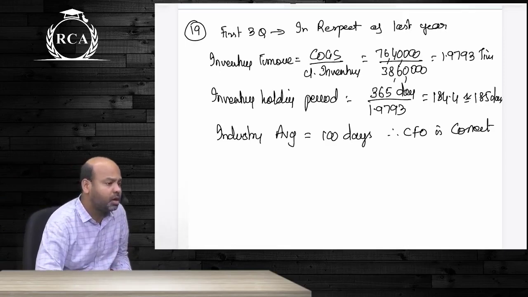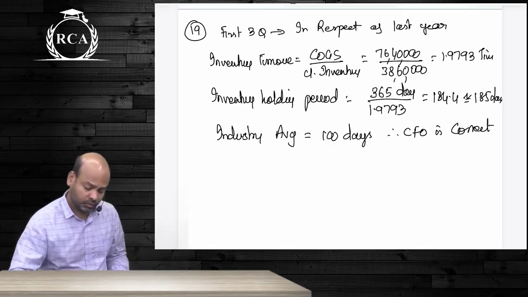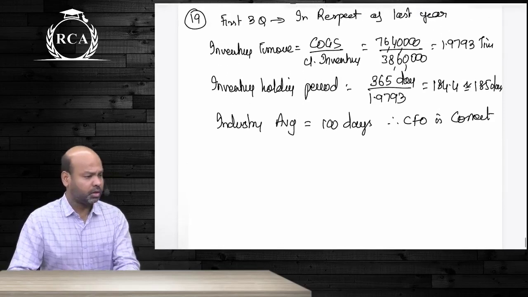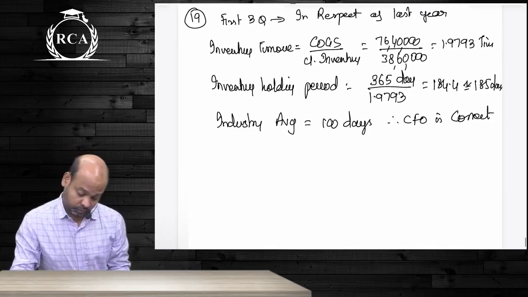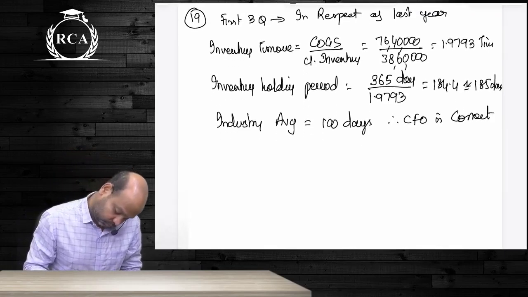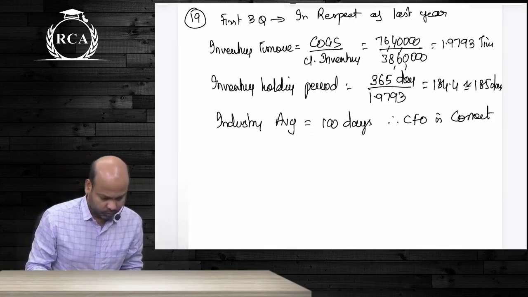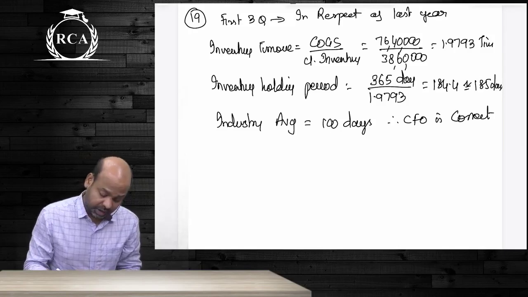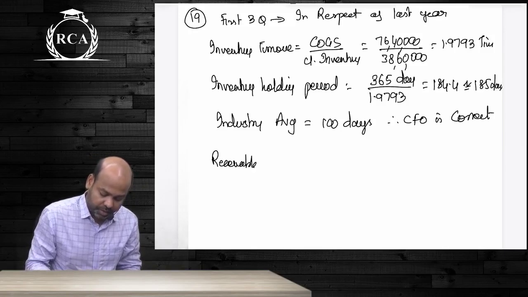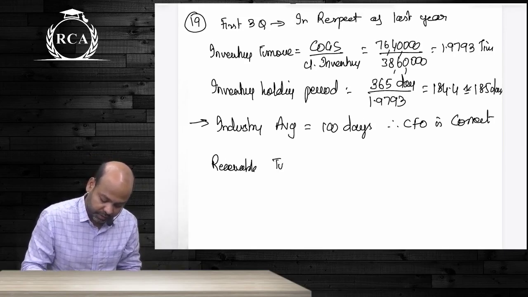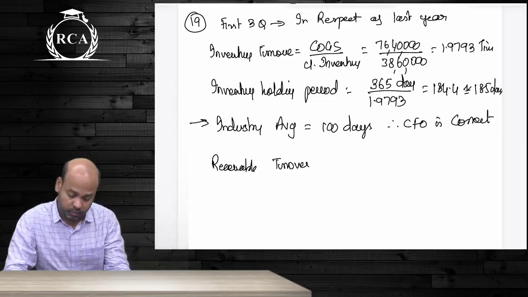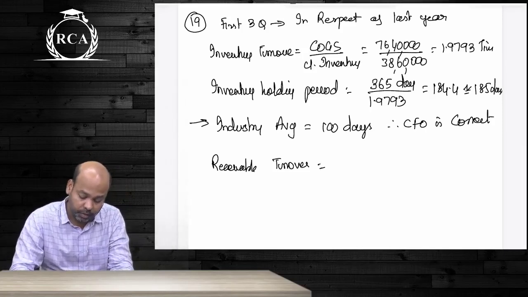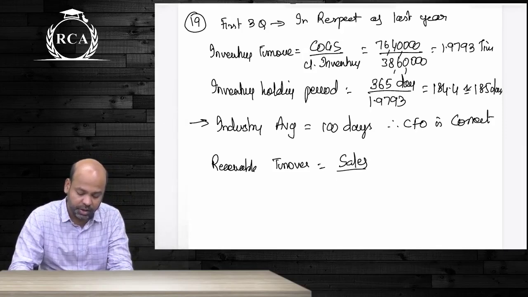Next, guys, after this, you will have to compute receivable turnover. This is the answer to the first bit. Receivable turnover will be sales divided by closing debtors.